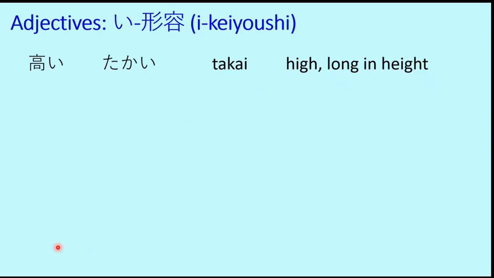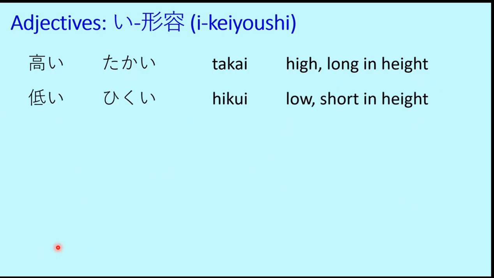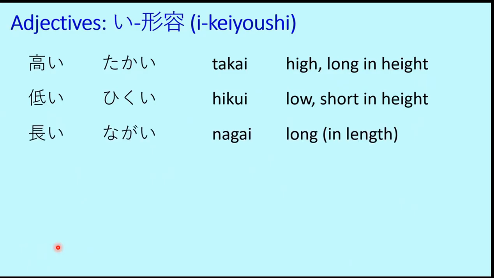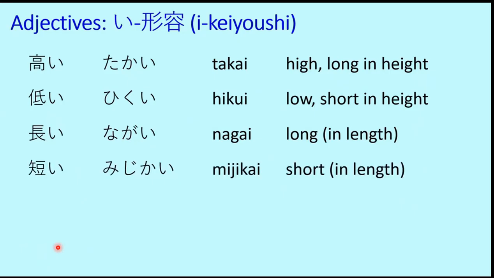Takai is high. Hikui is low or short in height. That means it's the antonym or the opposite of Takai. Takai, Hikui. Then we have Nagai. Nagai means long, and this time it is in length, which is horizontal. And the opposite of Nagai is Mijikai, which means short in length.